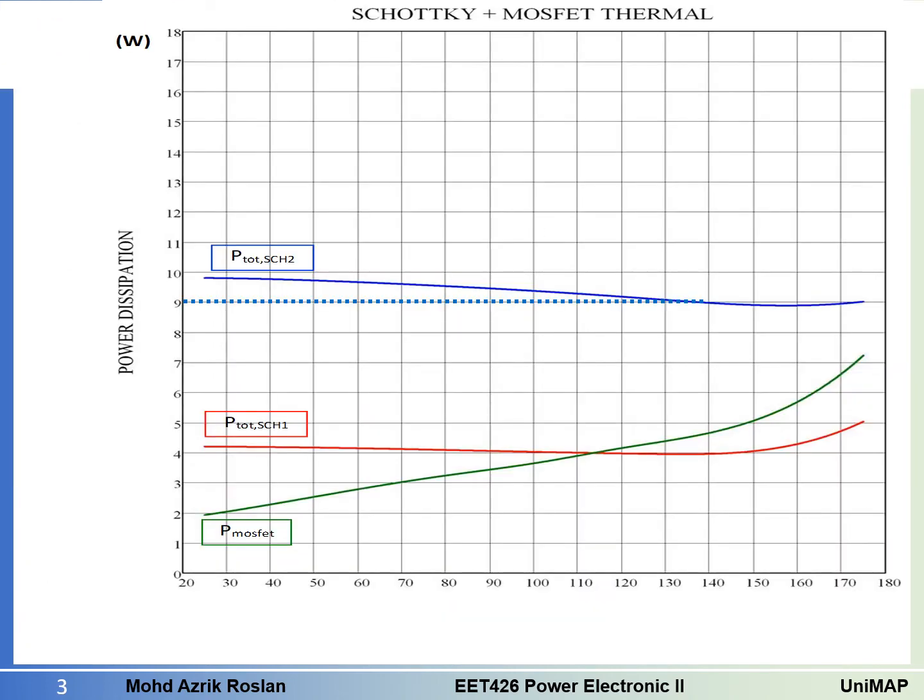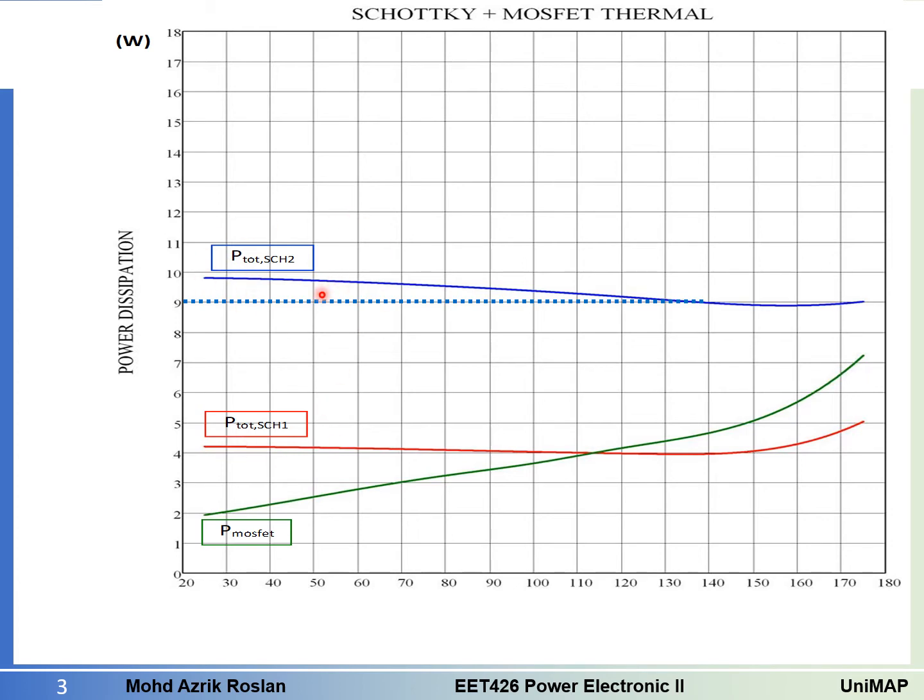For the thermal management design question, usually you will be given this power dissipation versus temperature graph, and this graph will contain the trend or the characteristic curve for the Mosfet, the Schottky 1 and Schottky 2.